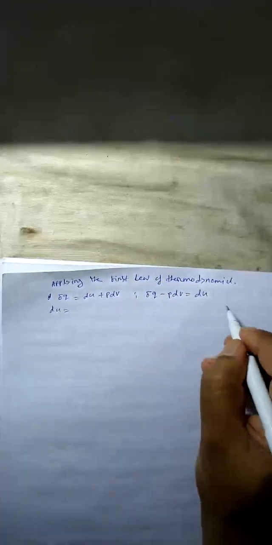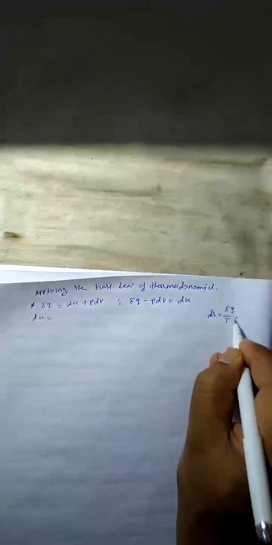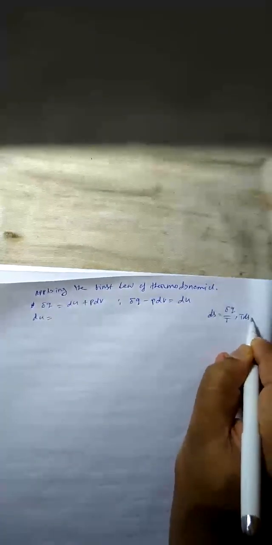Take dV to that side, that means δq minus P dV is equal to dU. That means dU is equal to δq. Instead of δq, we know that dS is equal to δq by T, that means T dS is equal to δq. So instead of δq, we write T dS.